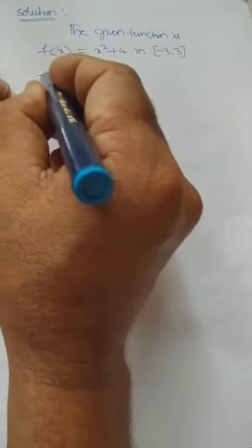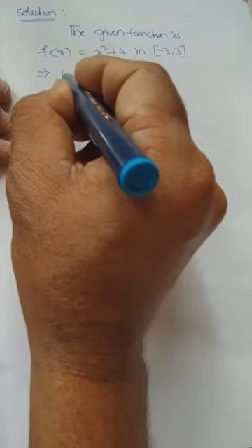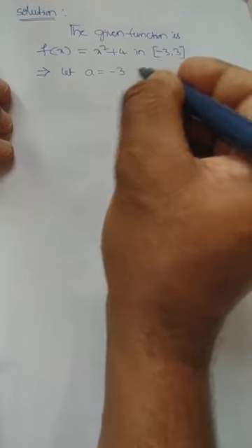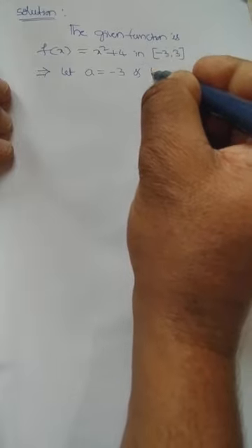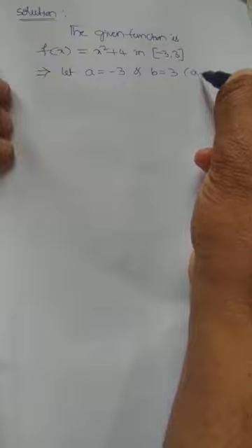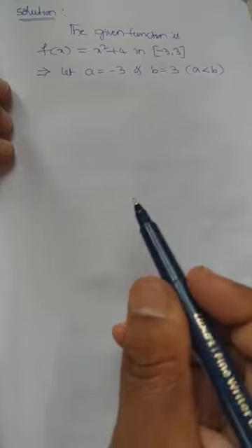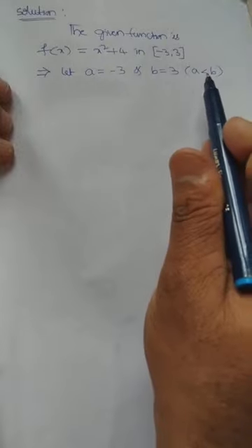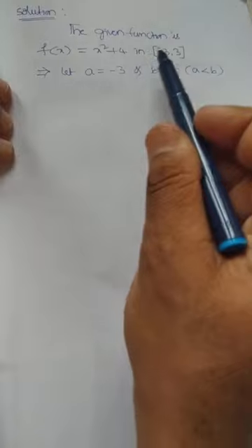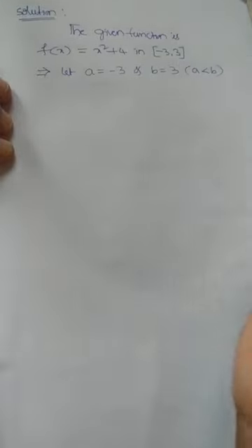That implies, let small a equal minus 3 and small b equal 3. Here obviously a is less than b.